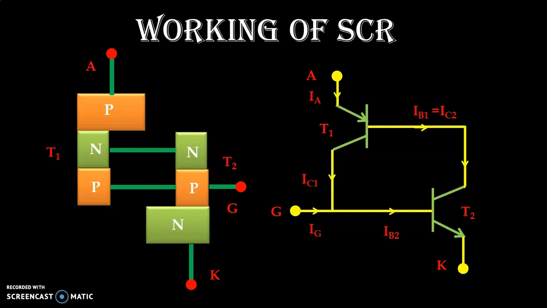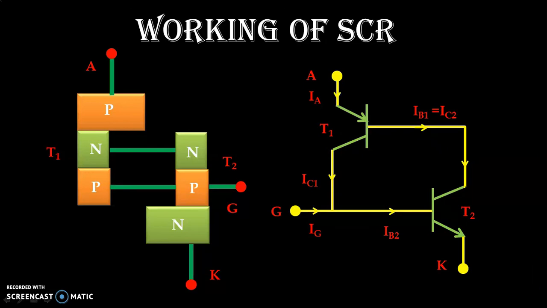That is IC1. Now the IC1 collector current is connected to the base of the transistor T2. So the base current of the transistor T2 increases with the collector current of the transistor T1. We know that as base current goes on increasing, the collector current for the transistor T2 also increases. And if the collector current of transistor T2 increases, the base current for the transistor T1 also increases.